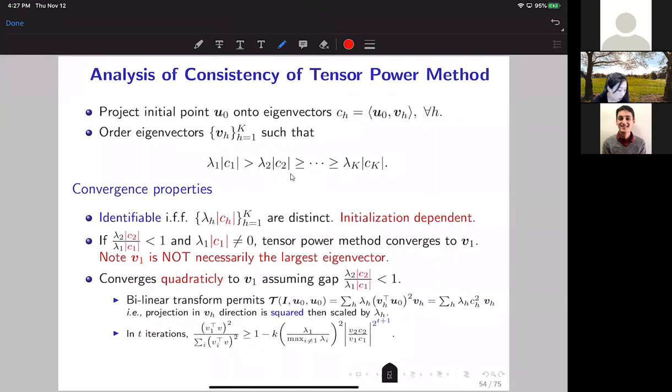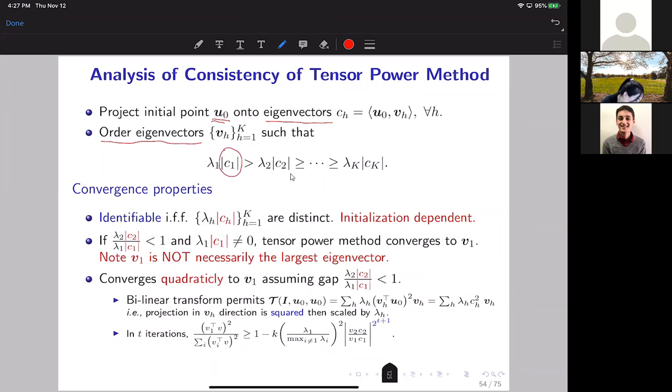What about the consistency of the tensor power method? We can use the same definition of the terminology. We can project the initial point U0 onto the eigenvectors. This is again the initialization of my power method. I can again project onto my orthogonal basis, actually also an orthonormal basis. And then I can order the eigenvectors not by lambda1 greater than lambda2, but by this other quantity.